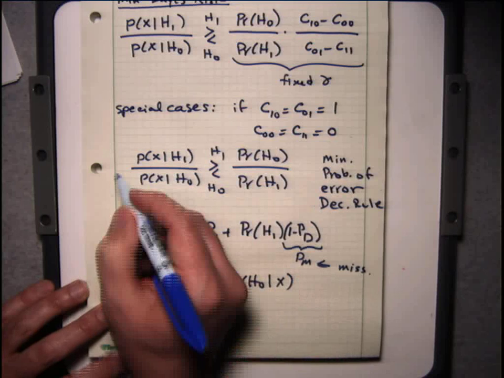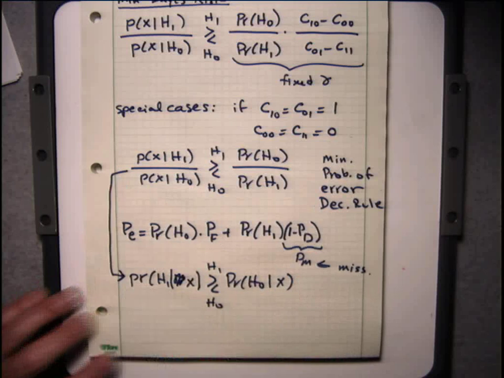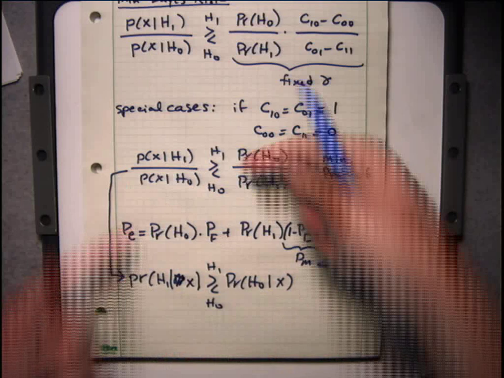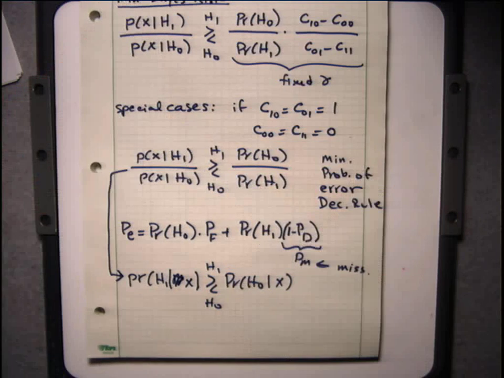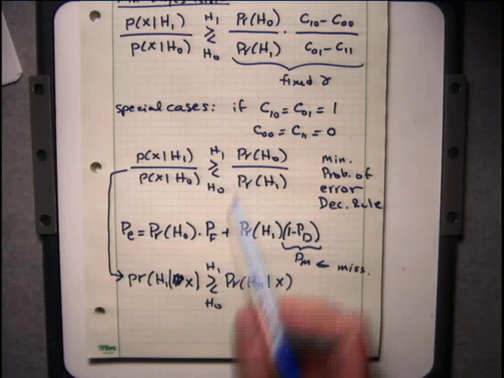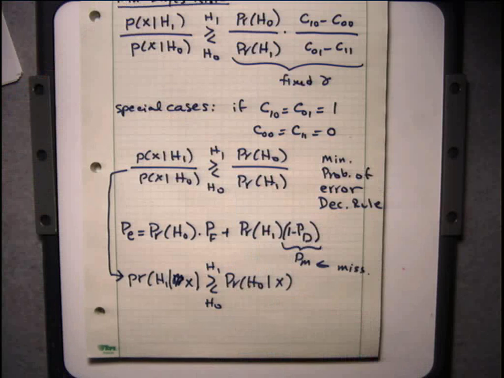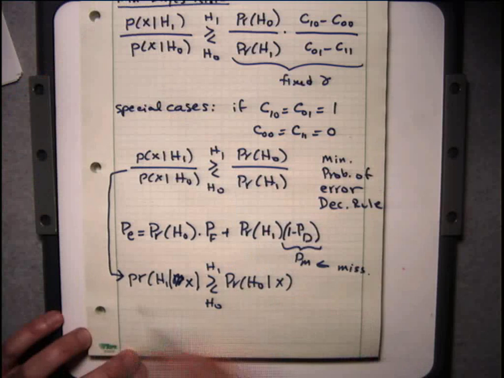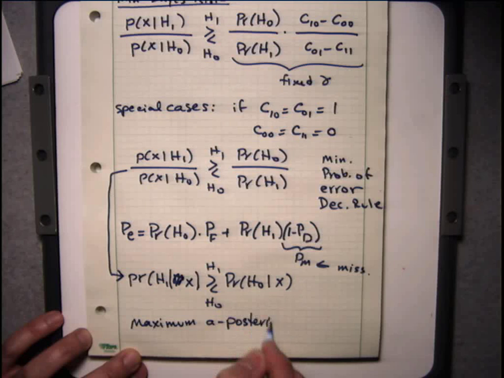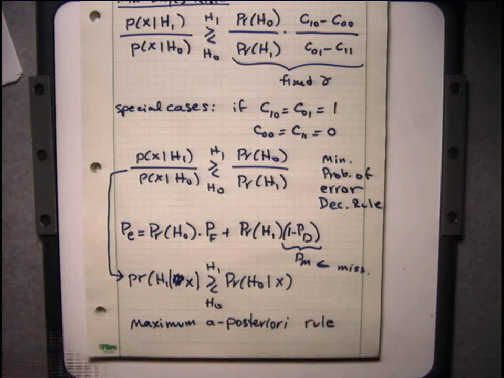This is exactly equivalent to this. It's just a different way of writing it by cross-multiplying and simplifying. And this is what we call the maximum a posteriori rule. Okay?